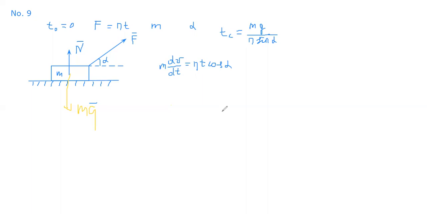So let's try to do this. And one more thing: when variables are separated, differentials mustn't be in the denominator. So now here variables are not separated because we have both v and t in the left part, and we have a differential in the denominator.